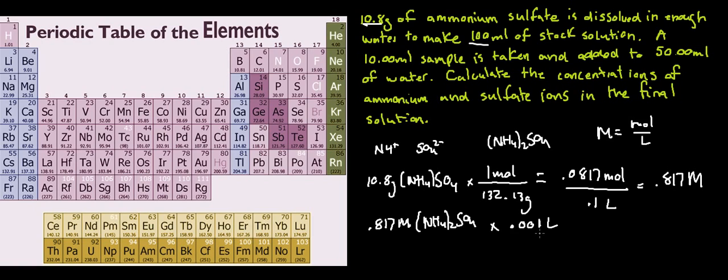Do that multiplication. Just going to move over the decimal 2 places, and that's going to be equal to 0.00817 moles of (NH4)2SO4.